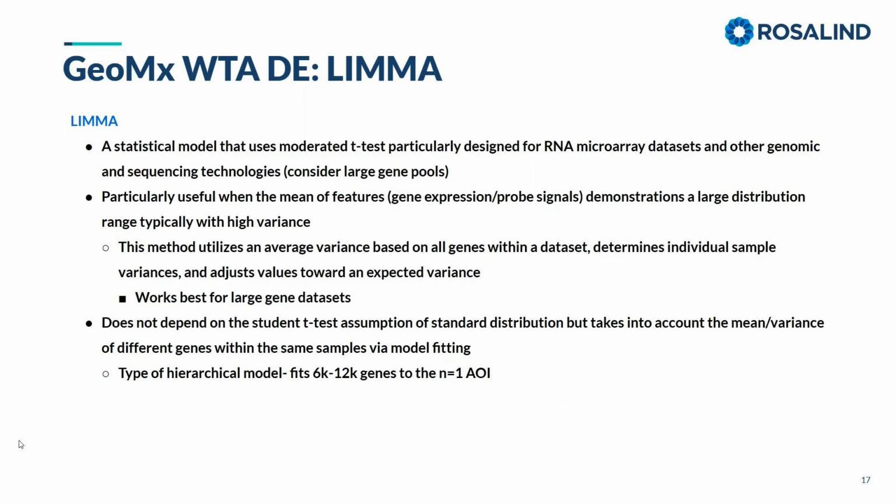So it actually creates this hierarchical model saying we understand that there are thousands of genes that are not independent values. These thousands of genes actually associate and fit to this one sample. So we're already getting a lot better here. It says, okay, these 6,000 to 12,000 genes fit to this one AOI. These are not 6,000 to 12,000 independent values.